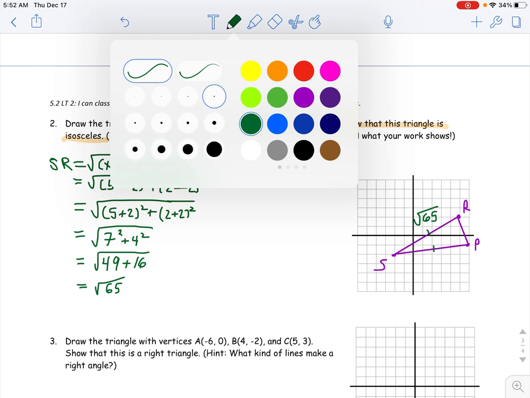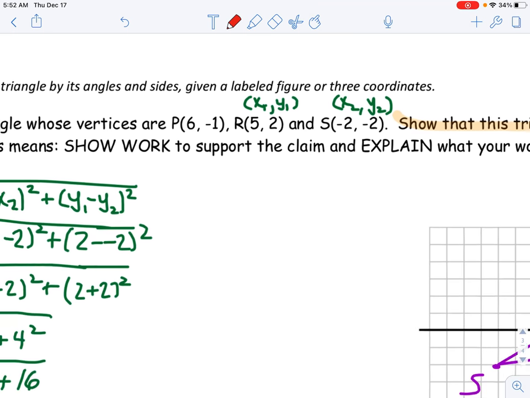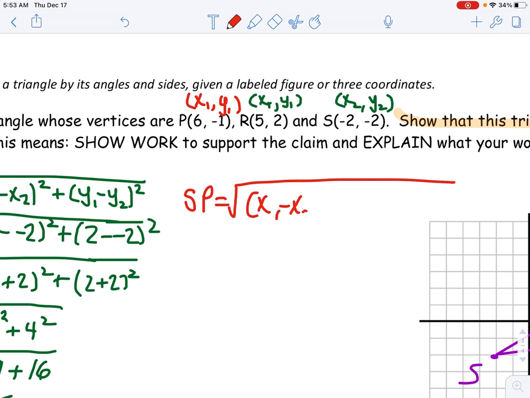Anywho, now let's do the same exact thing, but for SP. So I'll keep S as x sub 2, y sub 2. That was kind of nice how everything cleaned up nice. I'm going to call P x1, y1. So when I find the length of SP, again, I'm going to write the distance formula again too. I recommend you do it. Why? The more you write it, the better it's going to be stored into your long-term memory.